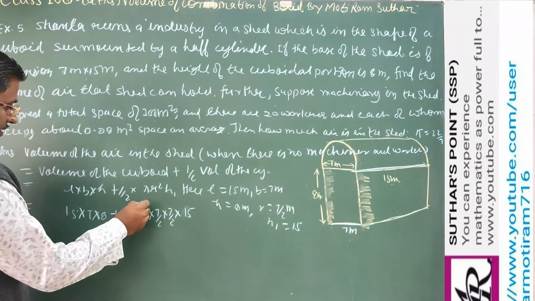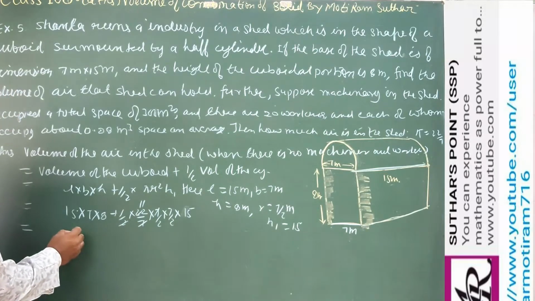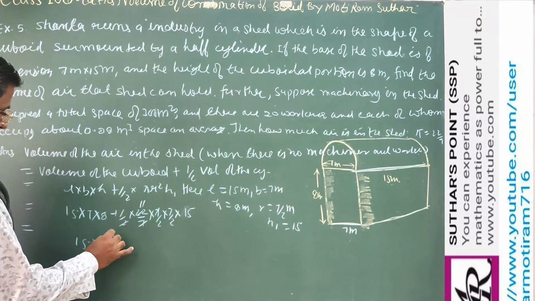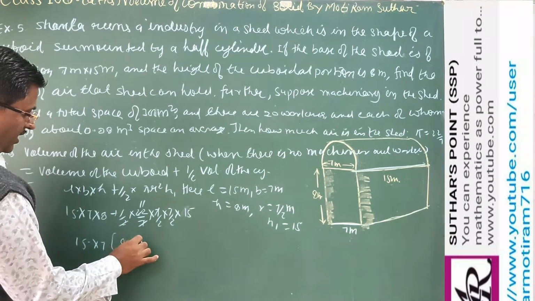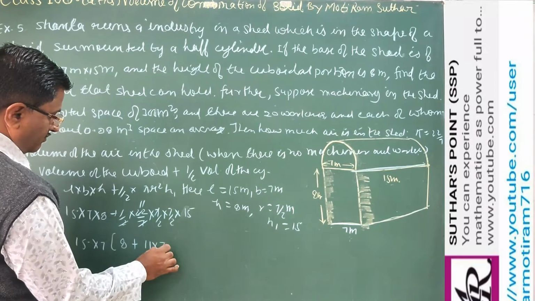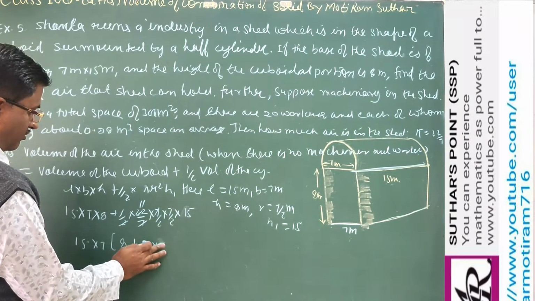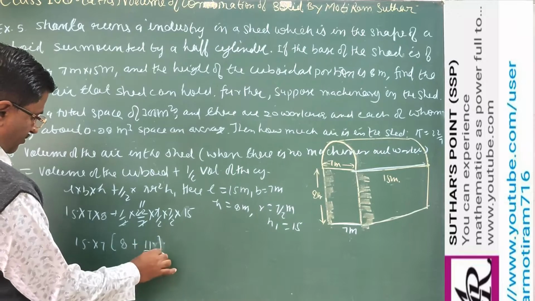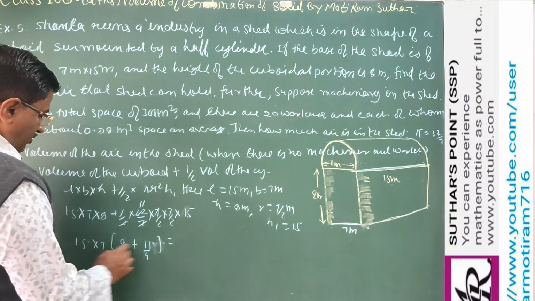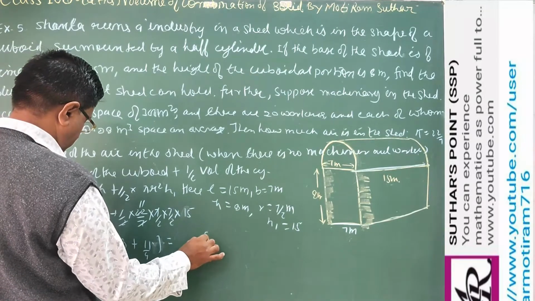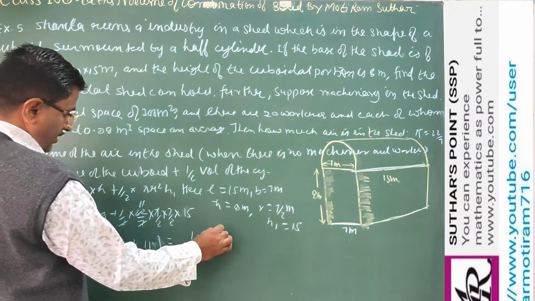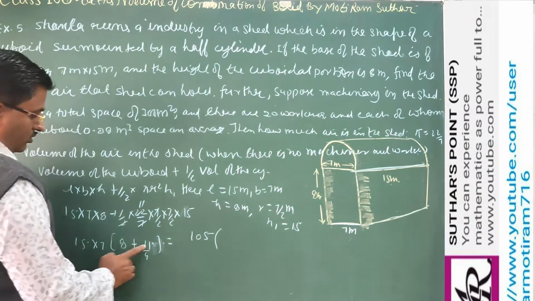2, then this is 11. 7 cancels out. Now you take common 15 into 7. Then here left 8 plus 11 into 7, 7 we have already taken common, so 11/4. So multiply this. 7 into 5 is 35, 5 3s are 15, and this is 8 4s are 32.